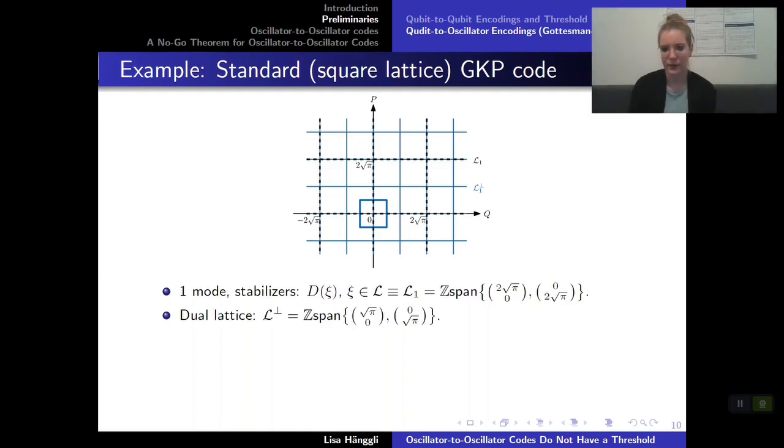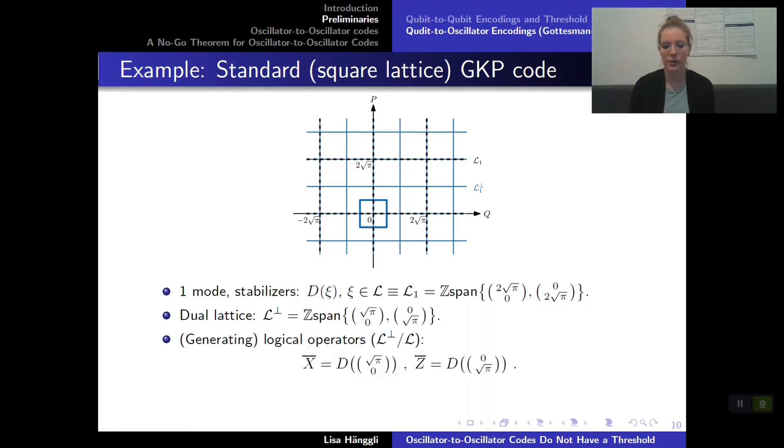And the dual in this case is also a square lattice with half of the spacing and is marked in blue in the picture. And the logical operators, which correspond to L-perp modulo L, are generated by the two given displacements, which act as logical Pauli X and Z respectively on the code space.